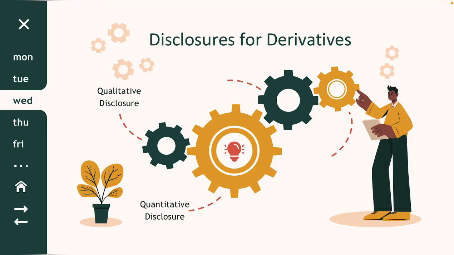Second is quantitative disclosure. An example is Campbell Soup, which also provides quantitative information related to interest rate and foreign exchange hedging activities in the MD&A section of the annual report. The third is interest rate risk exposure.